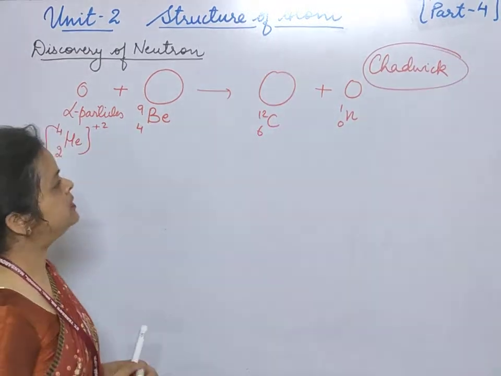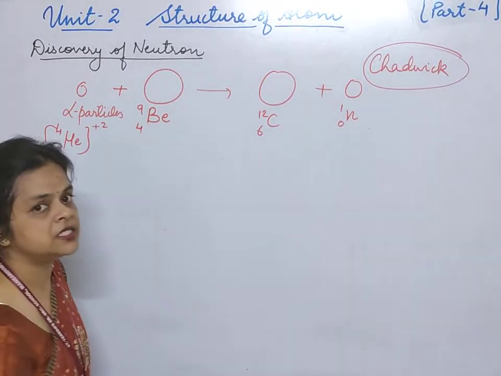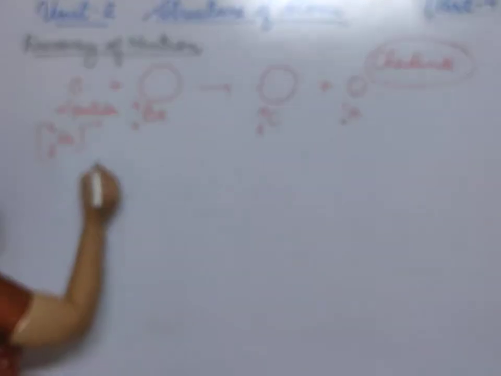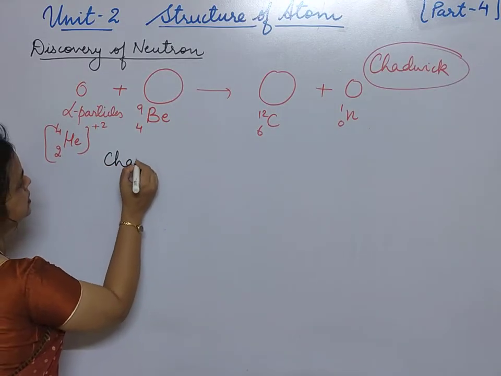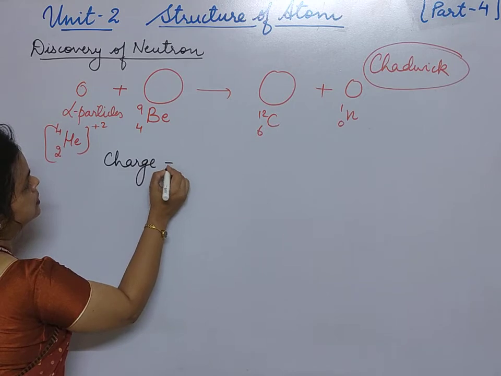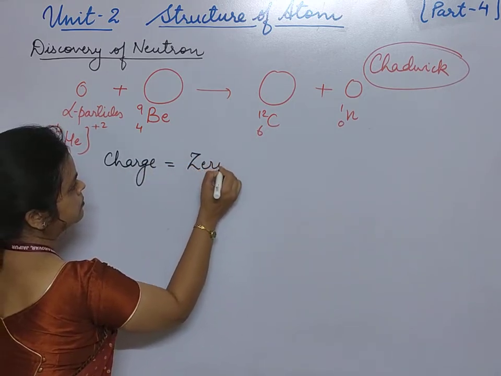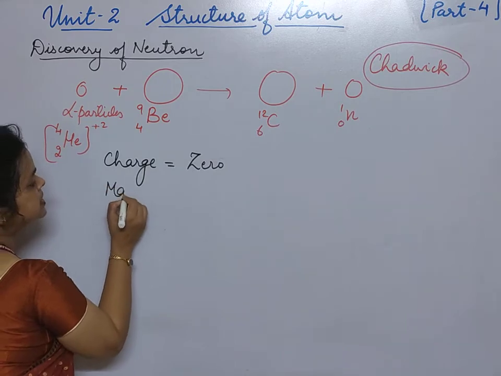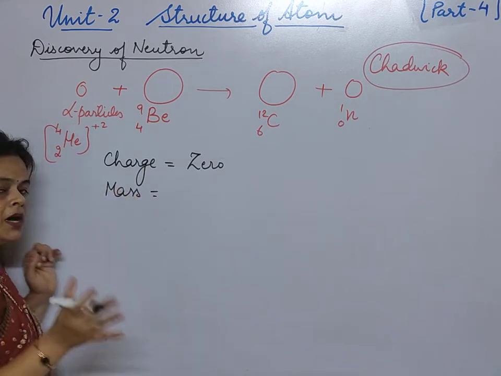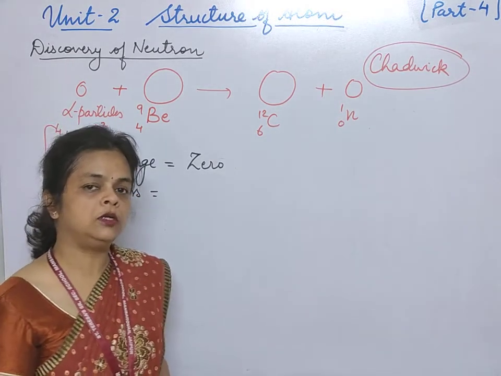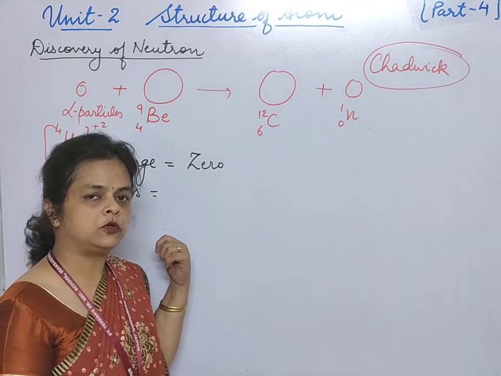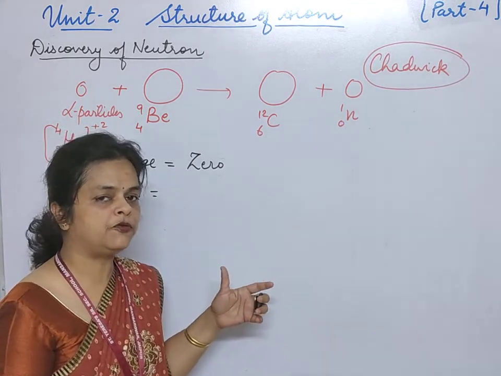Okay, now we will summarize as we have done for the electron and proton. What is the charge present on this neutron? 0. How much mass is there of neutron? See students, the mass of neutron is almost equal to that of proton.